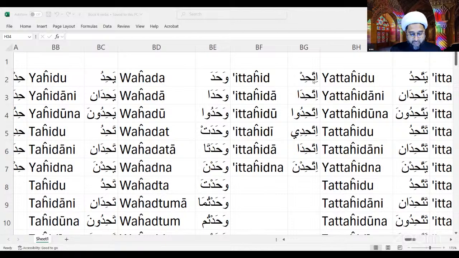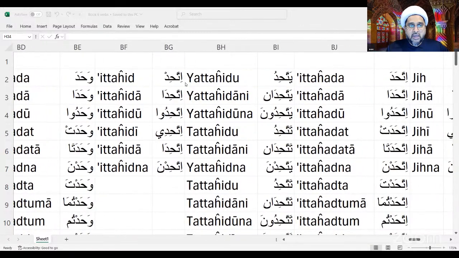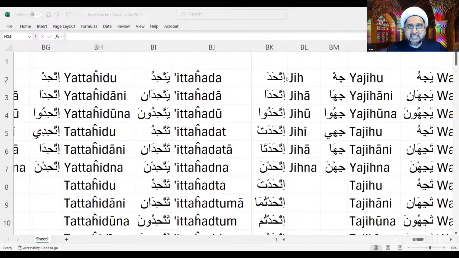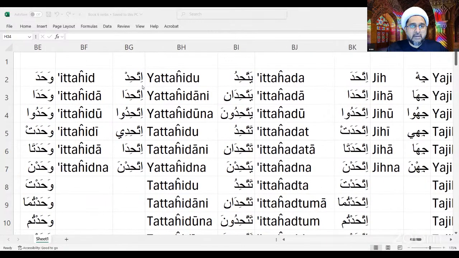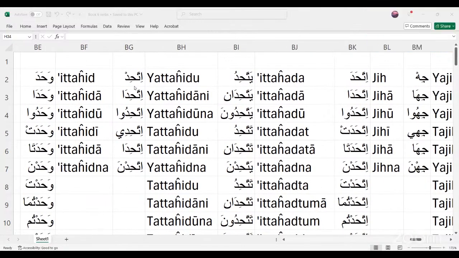Excellent. Doctors, does this make sense now? So it becomes il tahada. Waw gets dropped because il tahada is difficult, and it becomes past tense ittahada. Instead of yo tahido, it becomes yattahido. And then the command will be ittahid.